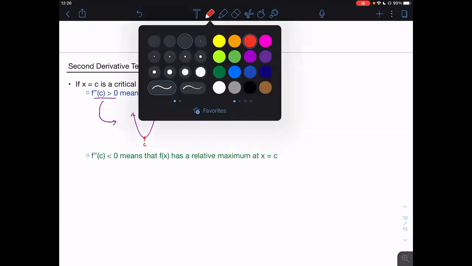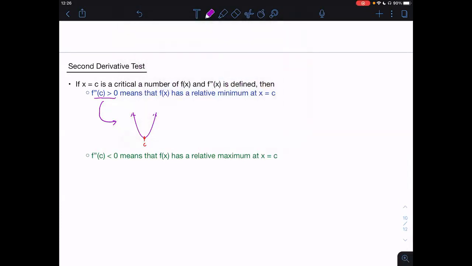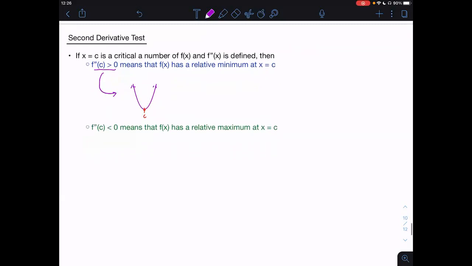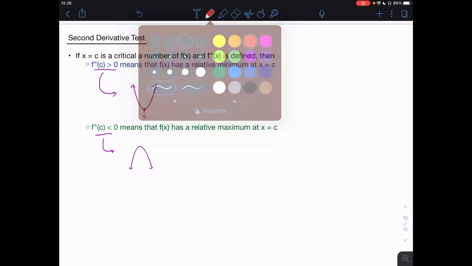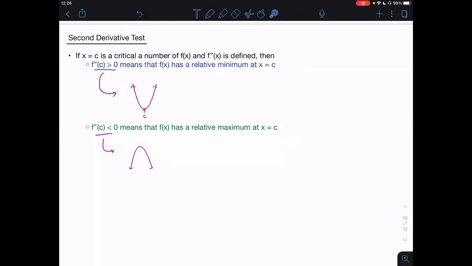Again, recall from section 3.2, when our second derivative is negative, that means our function is concave down, meaning we have a downwards curve. And if this critical number gives us a negative value, that means the critical number has to be the maximum point of that downwards curvature. So c will be the relative maximum of this concave down shape.